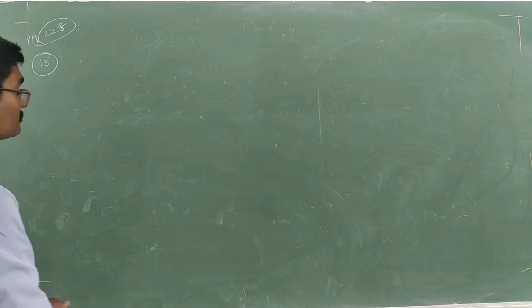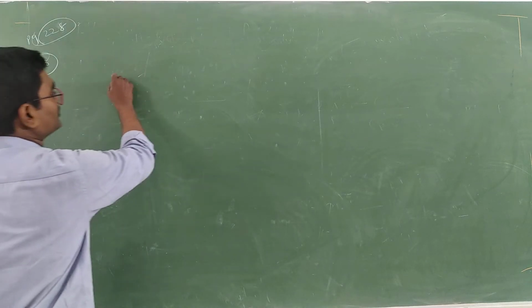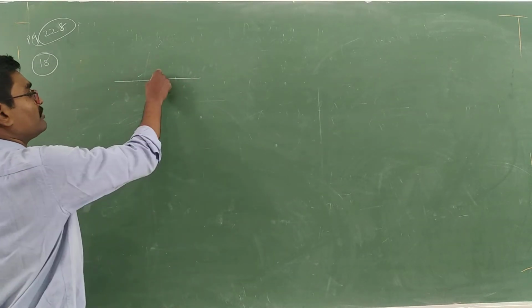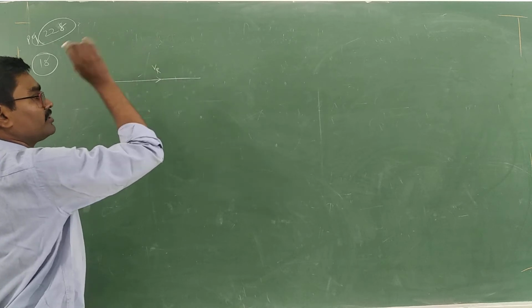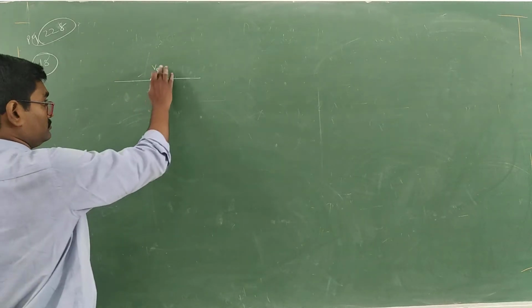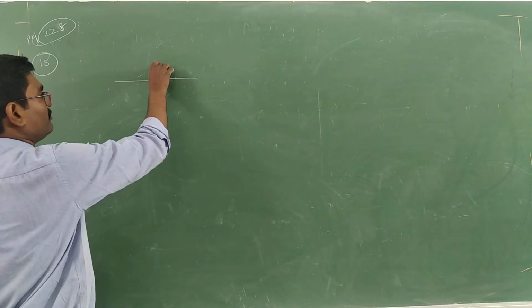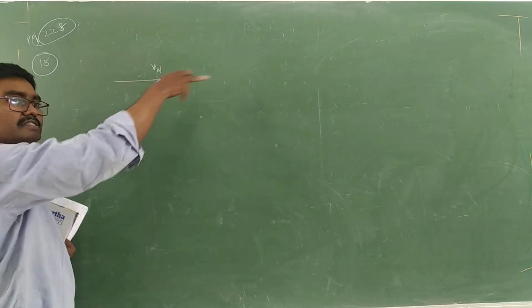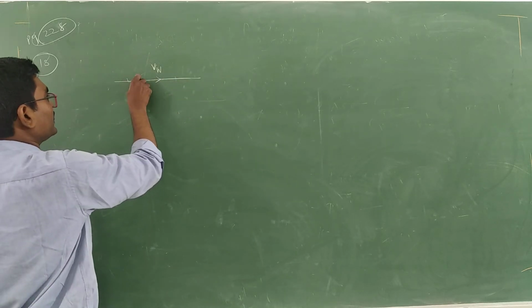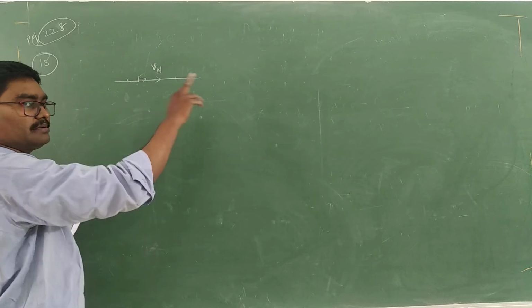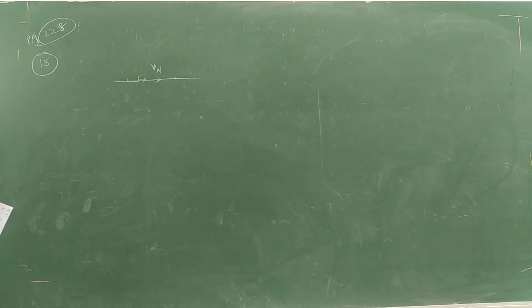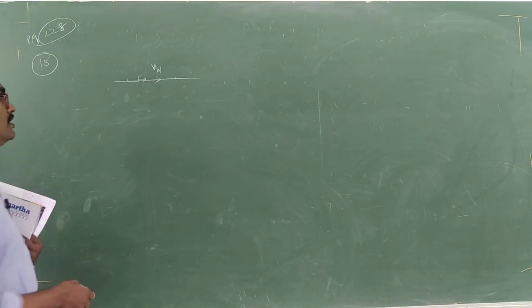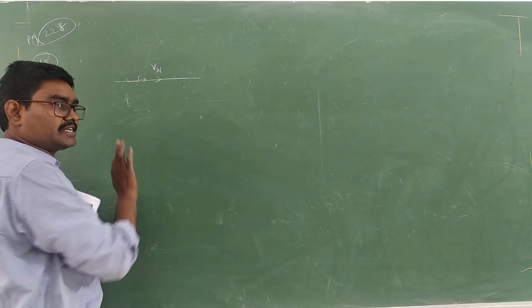What they are telling is this is a river. Suppose the river flow is in this direction, velocity of river or velocity of water, both are the same. If the boat is also moving in the same direction, you can call it downstream. Downstream, it will take less time.